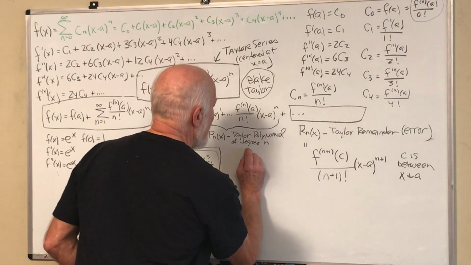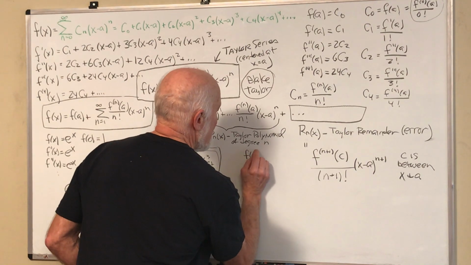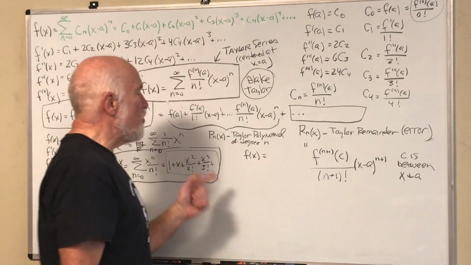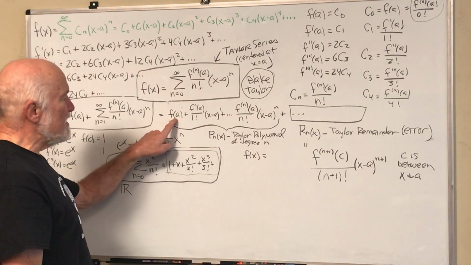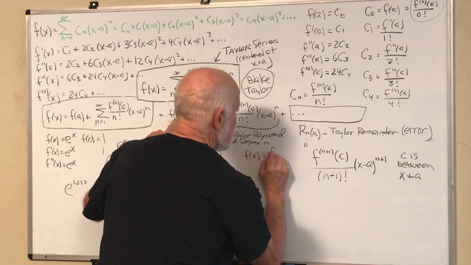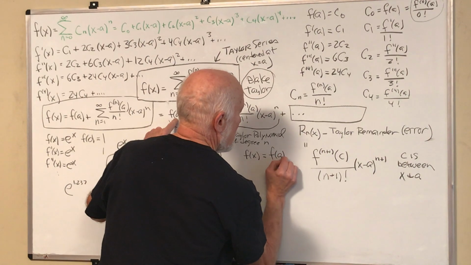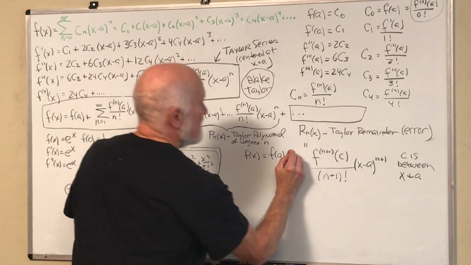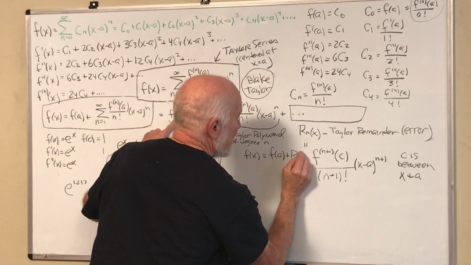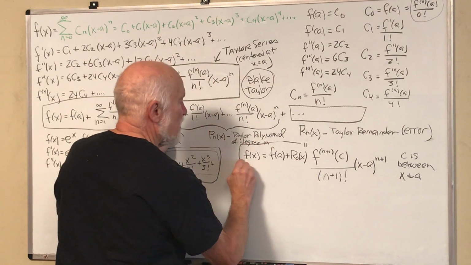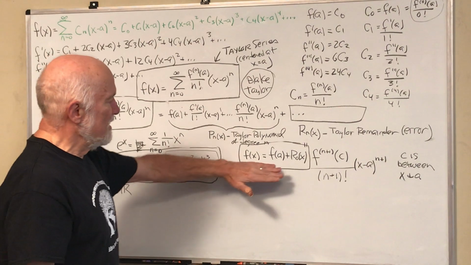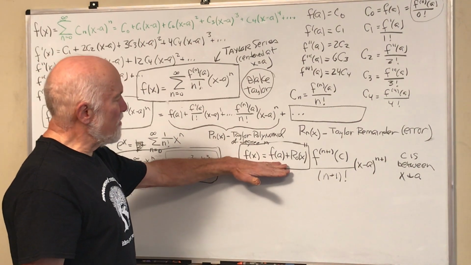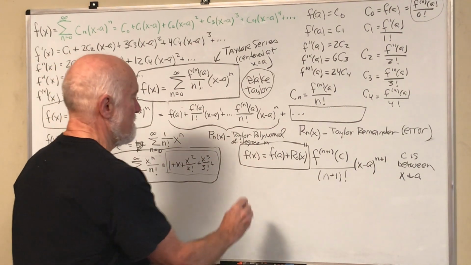What if you have f of x and you're going to use a 0th degree Taylor polynomial? So that means you're only going to use the first term plus r0 of x. So that would be what you get if you took the most simple Taylor polynomial for f of x.